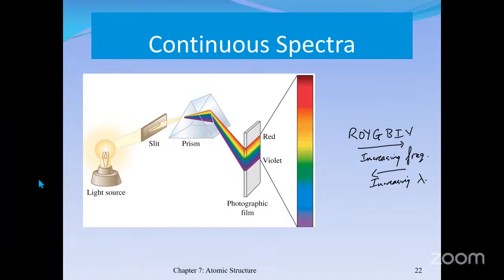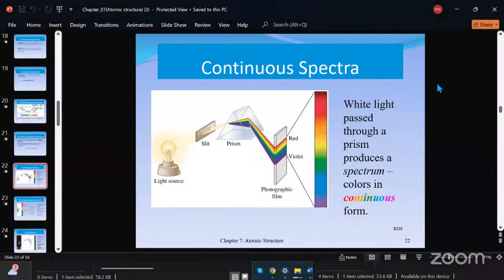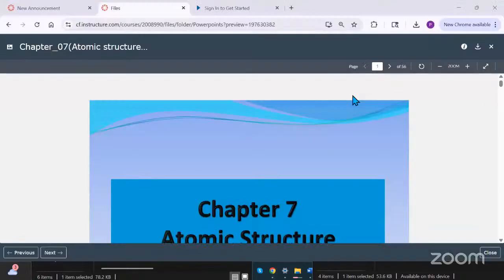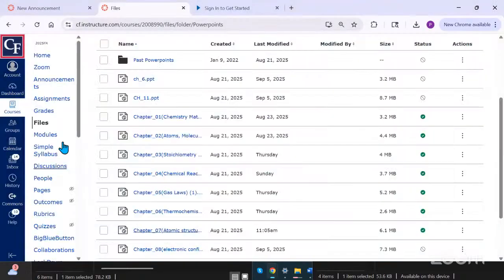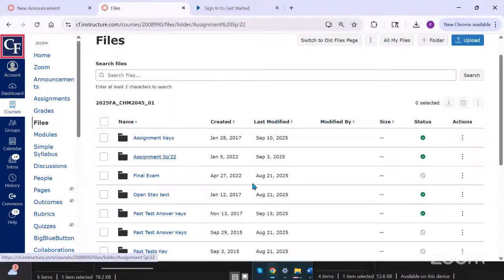Let me clear this here, and let me get out of this. And let me minimize this here. And let me go here and close this out. Okay, and then go to this here, assignment.